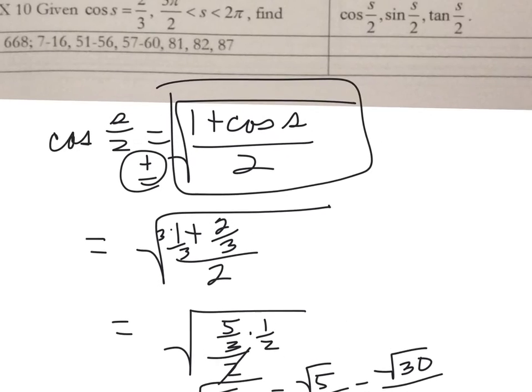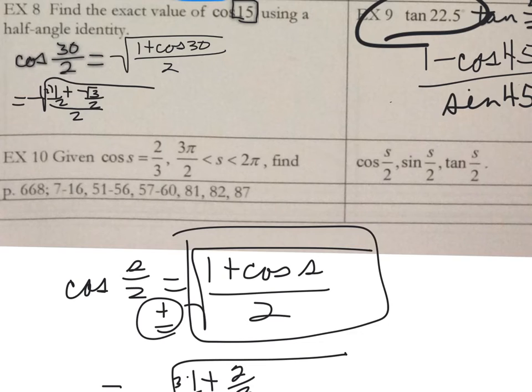Okay, and the secret to that is right here. It's not as straightforward as you think. We know that s is in the fourth quadrant because it's between 3 pi over 2 and 2 pi. But the question is, where's s over 2? Well, here's an easy way to figure that.